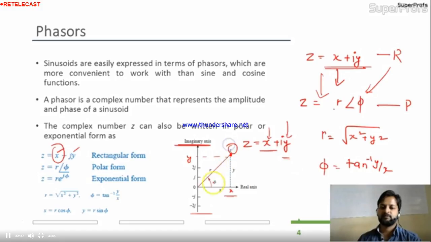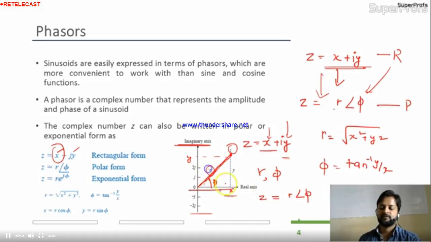But you can come from the origin to z directly, this way. If you go directly from 0 to z, you need two things. One is the magnitude of this line, meaning r. And the second one is the angle, at what angle you will move to reach z. So you need two things, r and phi. So the representation for this is r phi.